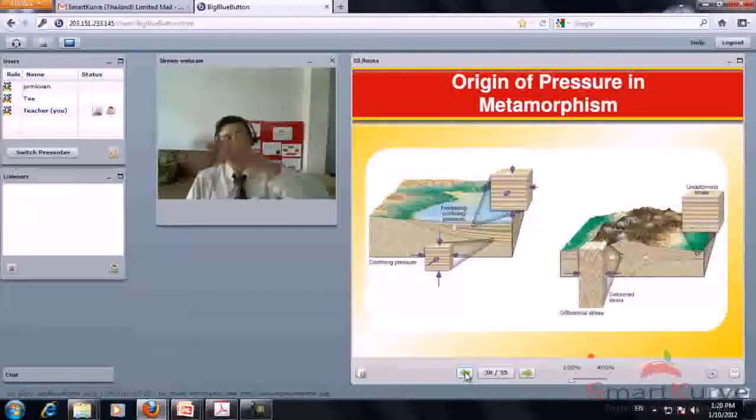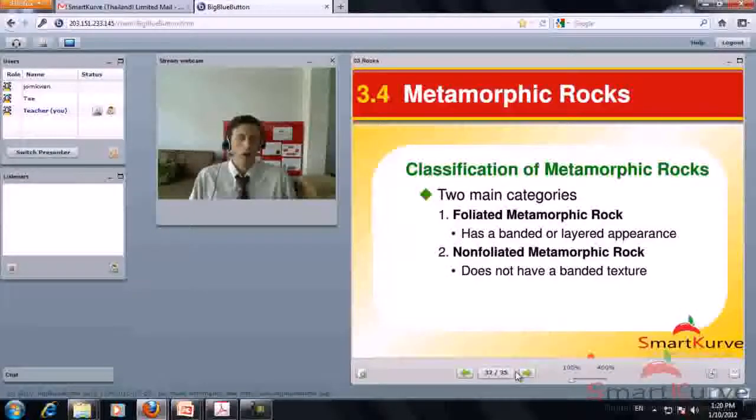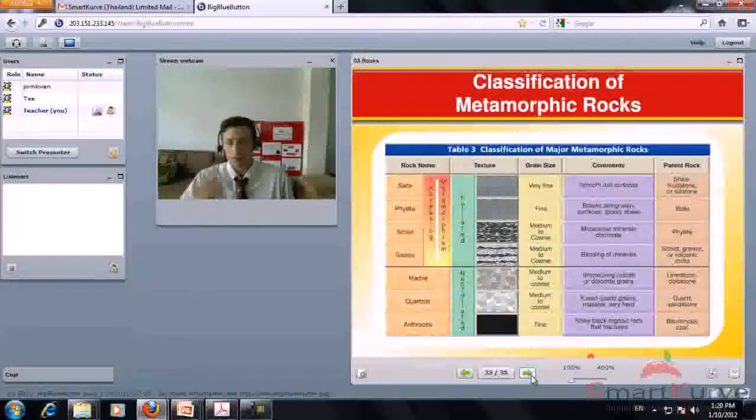It's very deformed, and those bands are really wavy, but you can still see the bands of white and gray and orange and yellow. Even though they're really wavy, the bands are still there. That will be called foliated metamorphic rock. The other type of metamorphic rock, non-foliated, means we cannot see any bands in the rock.